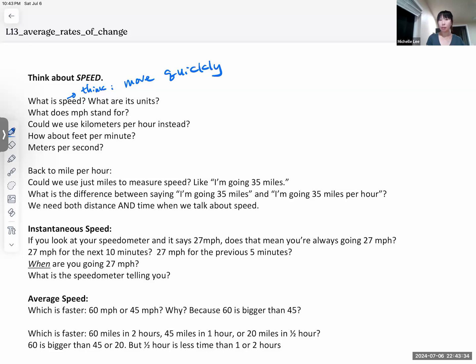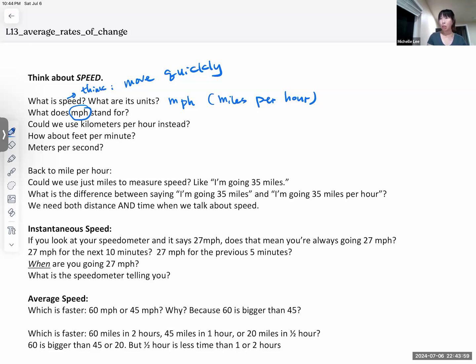Its units in the US are miles per hour, for a car. We denote it this way: miles per hour.